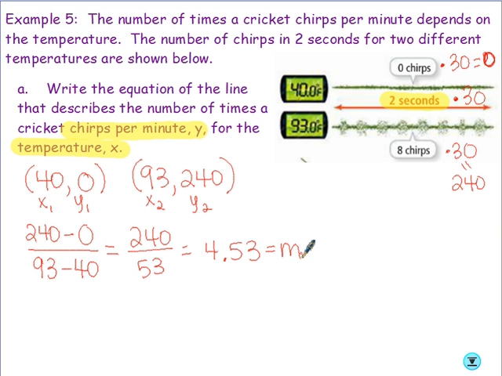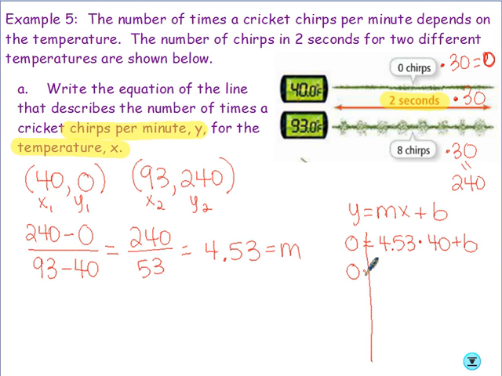Now we can use one of the other methods. I know that most of you like y equals mx plus b, so we'll use that method. Let's go ahead and use the easier point, the first one. y is 0, m is 4.53 times x is 40 plus b.